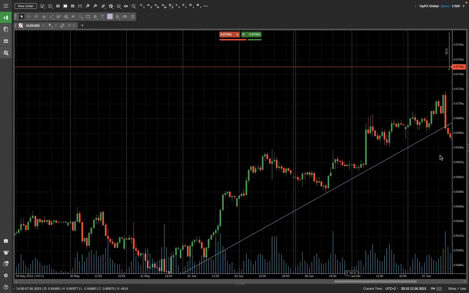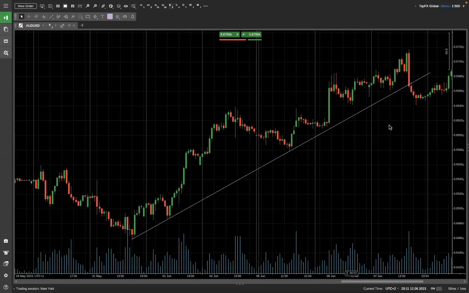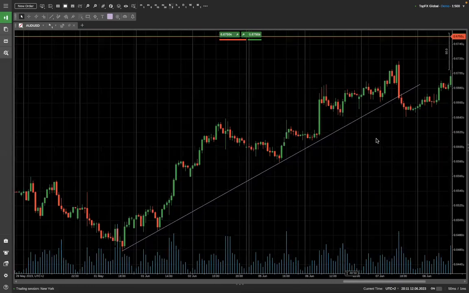So what does this kind of price action tell us about the current trend? This uptrend might be terminated, or there might be time for a pullback or correction. There you go.